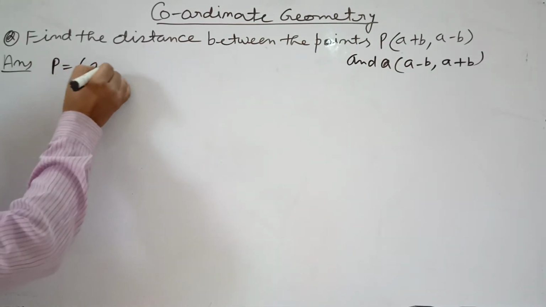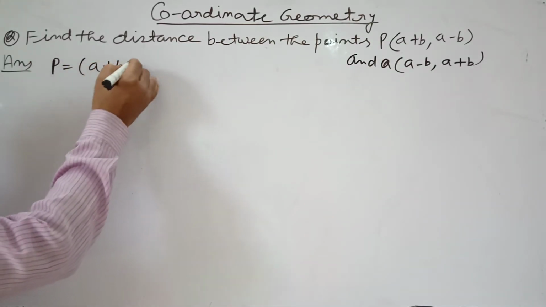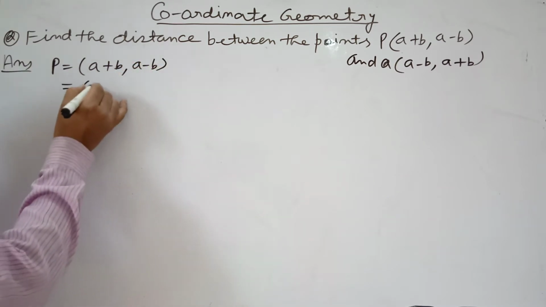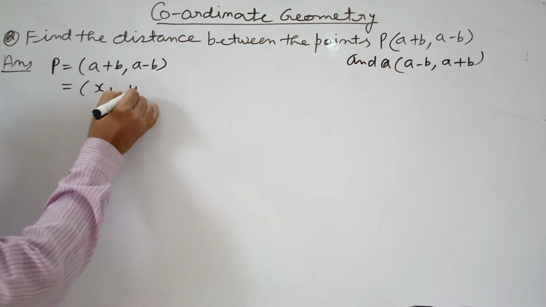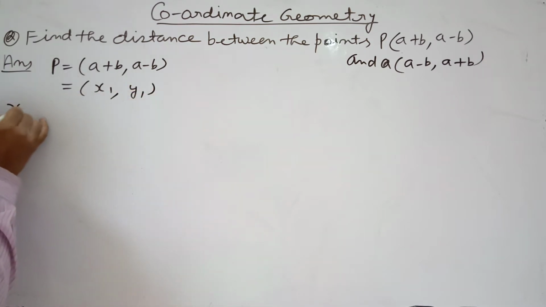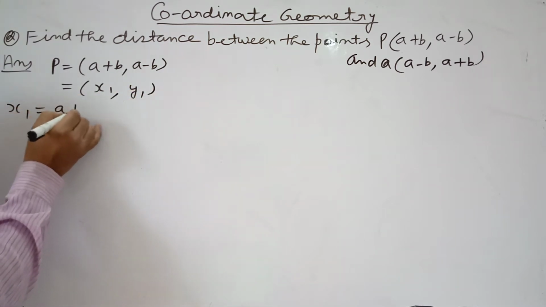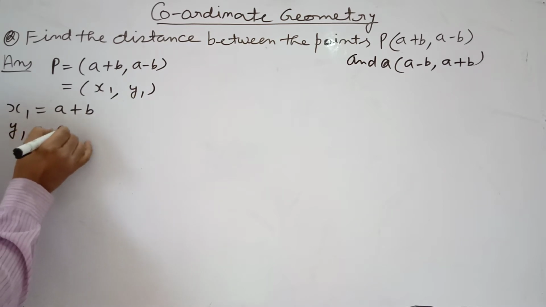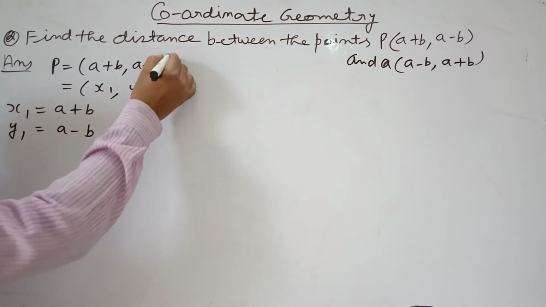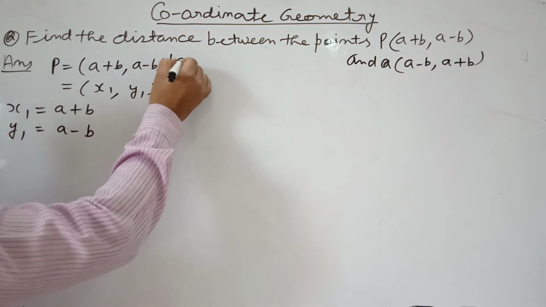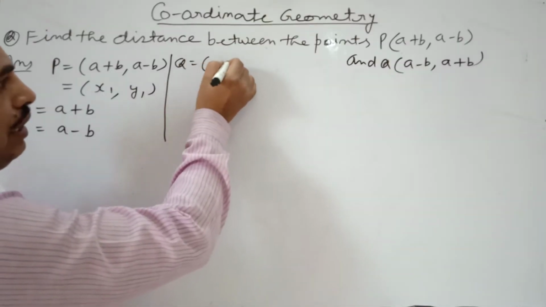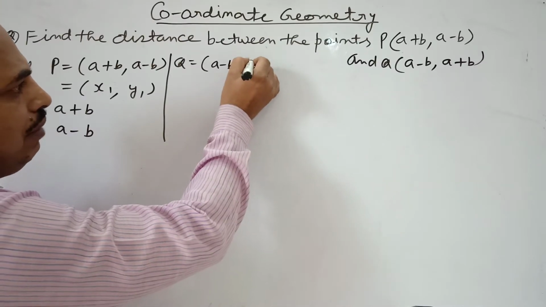P is a plus b, comma a minus b. Compare with x1, comma y1. x1 is a plus b, y1 is a minus b. What is Q? Q is a minus b, comma a plus b.